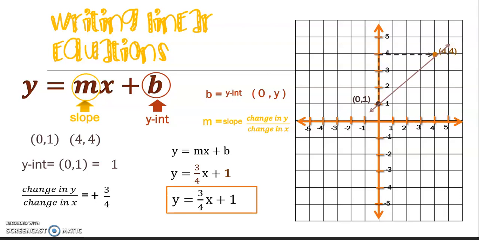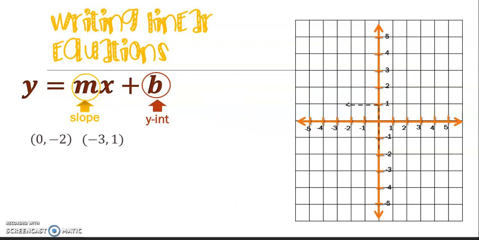So let's do one more exercise so you can understand it much better. Okay, and here I have (0, -2) and (-3, 1). I'm going to start placing my points (0, -2) and (-3, 1). Okay. Again, identify my y-intercept and my slope.